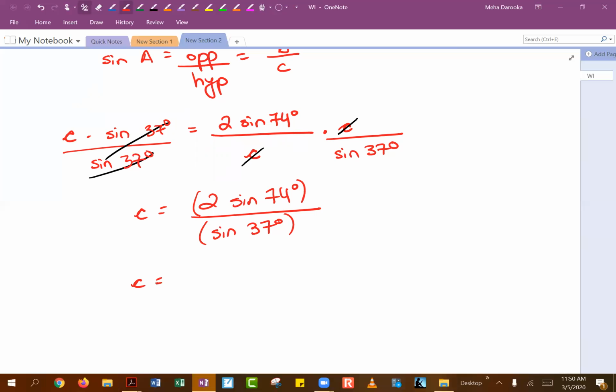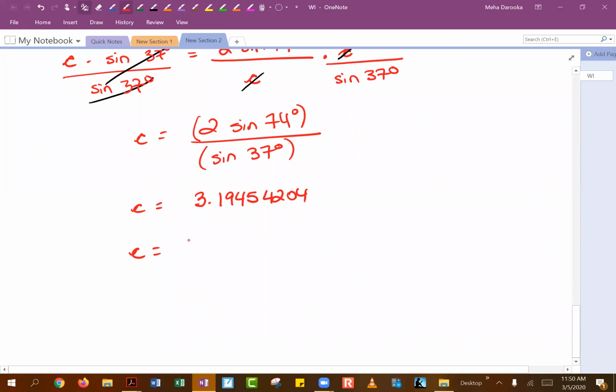That should be 2 times sine of 74 divided by sine of 37. And your raw answer, we'll do maybe 1 decimal place.